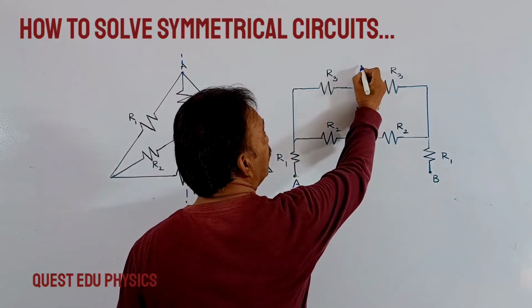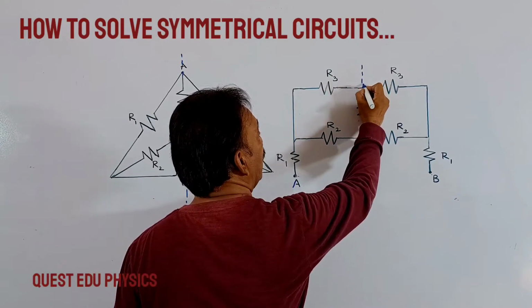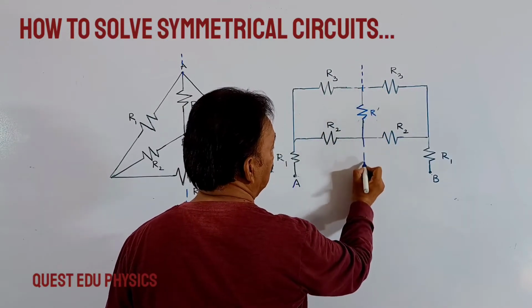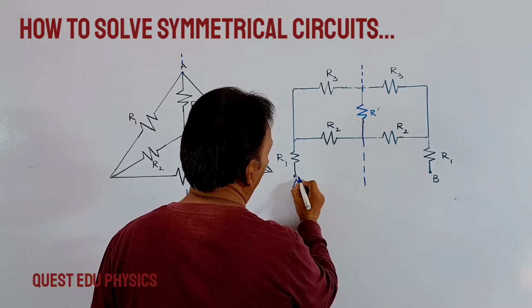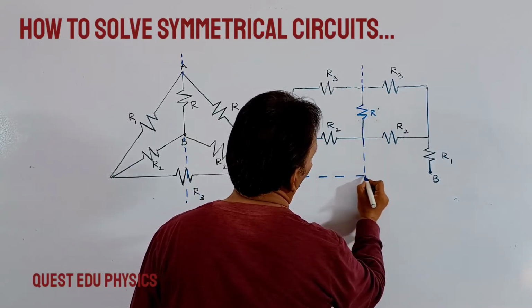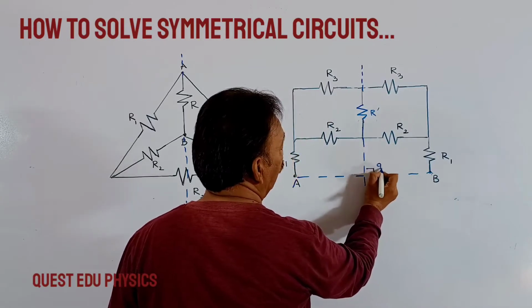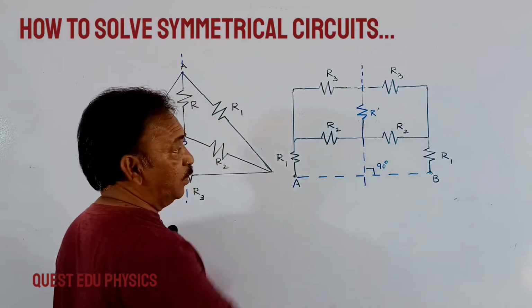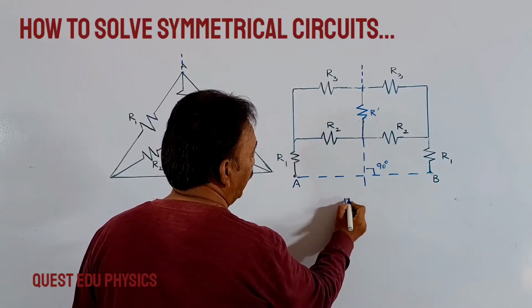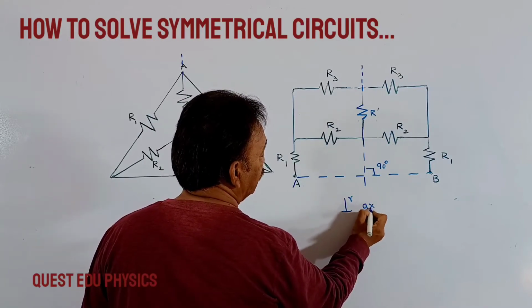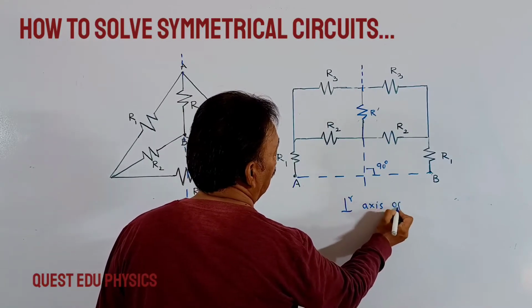What I am doing here, see, I am locating an axis which is drawn perpendicular to the potential points. Here it is making an angle of 90 degrees. Simply we call it the perpendicular axis of symmetry.